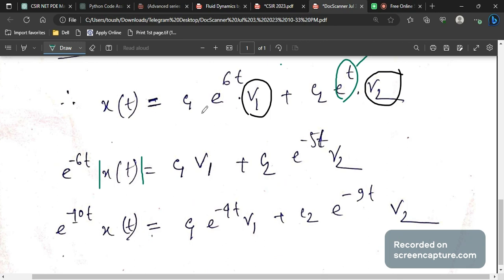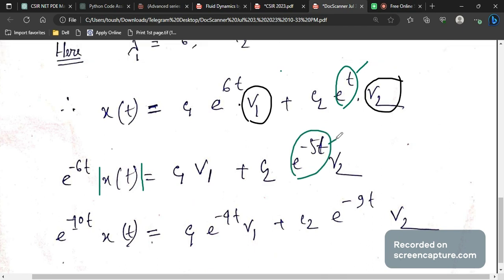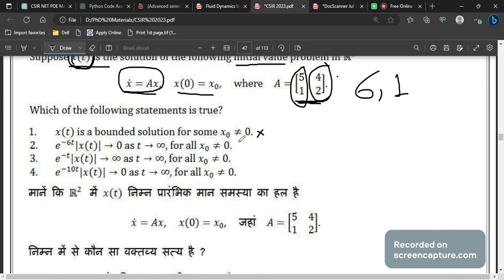So it will be left with c1 v1 plus c2 e to the power t into e to the power minus 6t, that means e to the power minus 5t, times v2. So this e to the power minus 5t will tend to 0 as t tends to infinity, right? But these things, c1 v1, whether it is 0 or not, we don't know. So this option is also wrong.